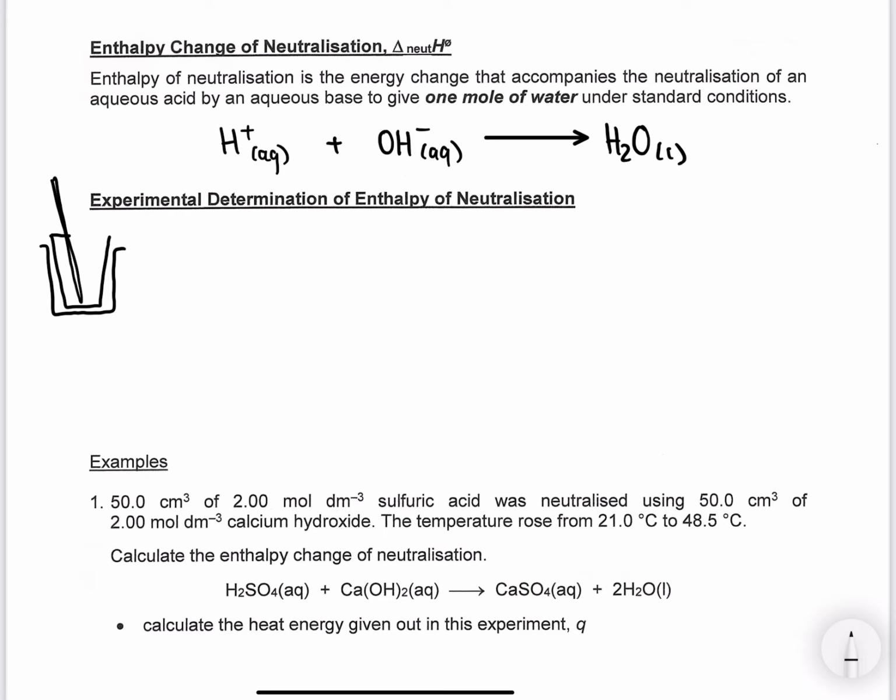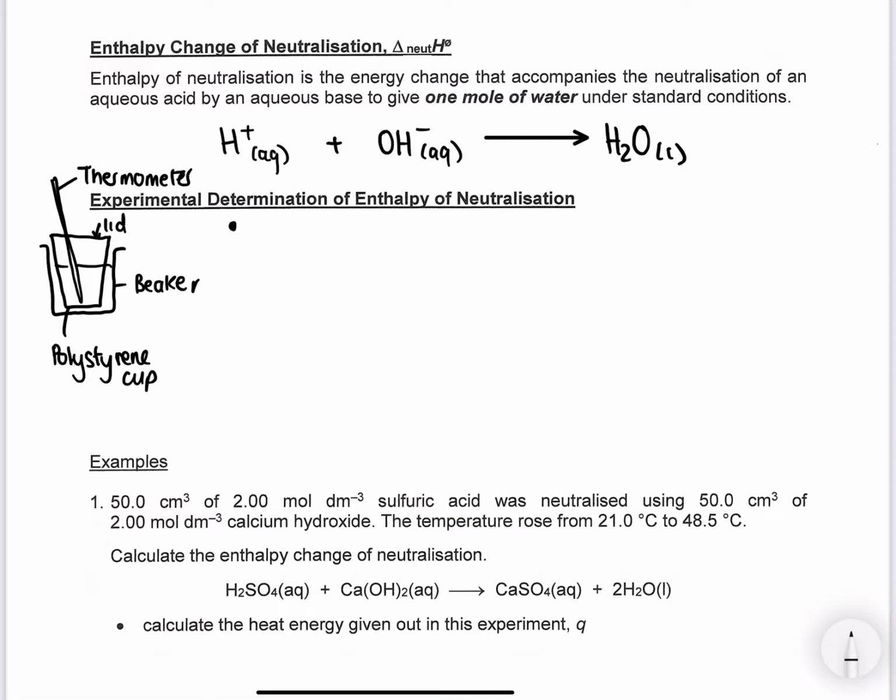So you're going to have a lid on your beaker, and this is going to be a thermometer. We've got a polystyrene cup, which gives us good insulation. We've got a lid, better insulation, and then we've got our chemicals inside.